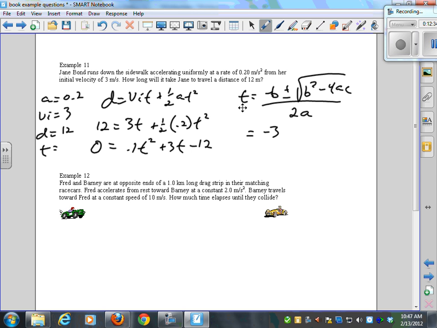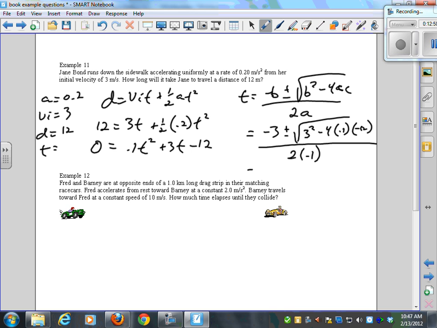Remember, the b is this one. Plus or minus the square root of b squared, which is 3 squared, minus 4 times a, which is 0.1, times c, which is minus 12, and it's all over 2a, which is 2 times 0.1.